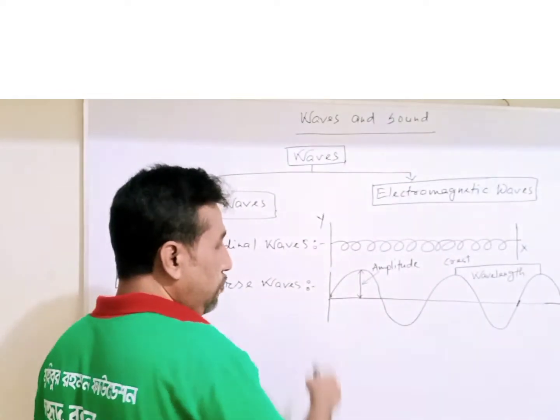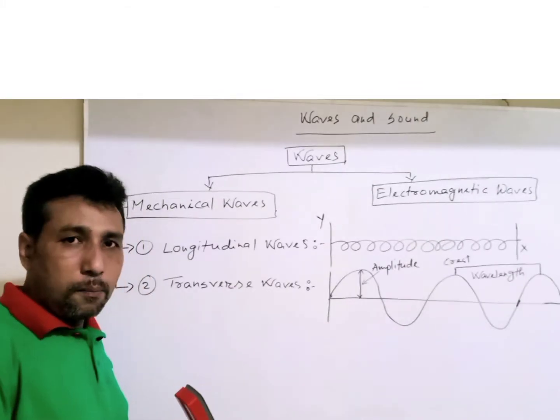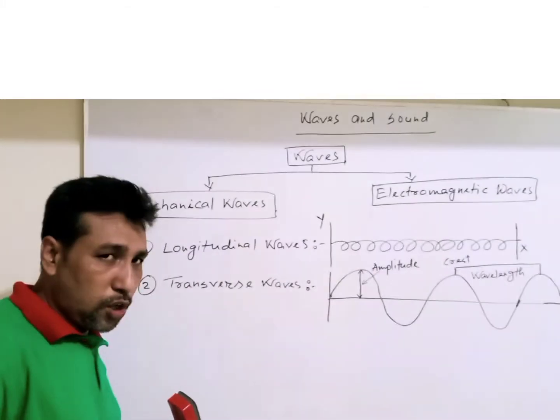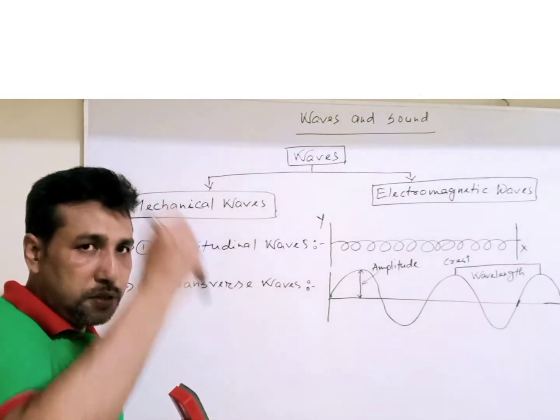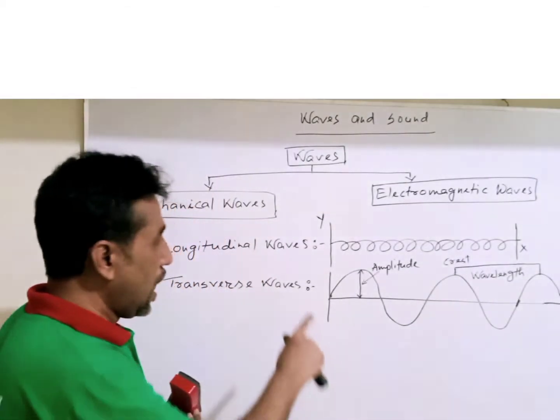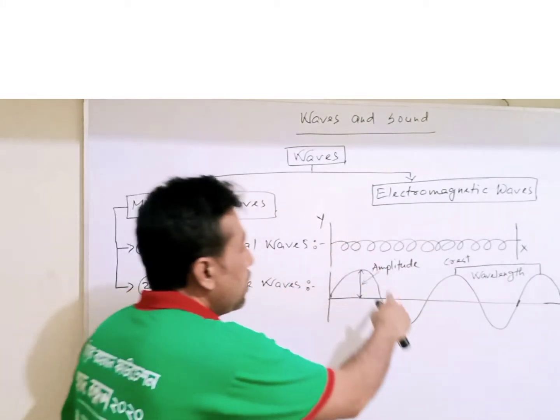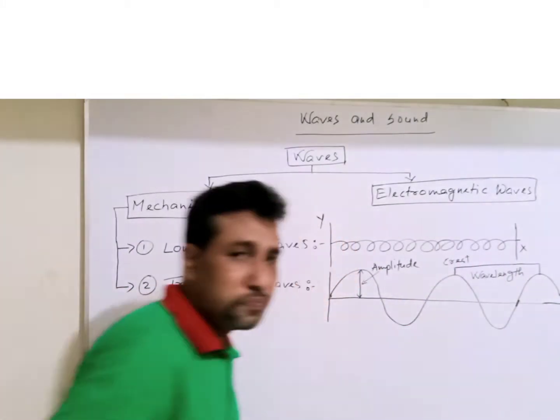Now, if you tie one end of the rope to a hook and, by catching the other end of the rope, you oscillate it, then it will get a shape like this. You are applying force here, and energy is transferring through the rope to the other end.